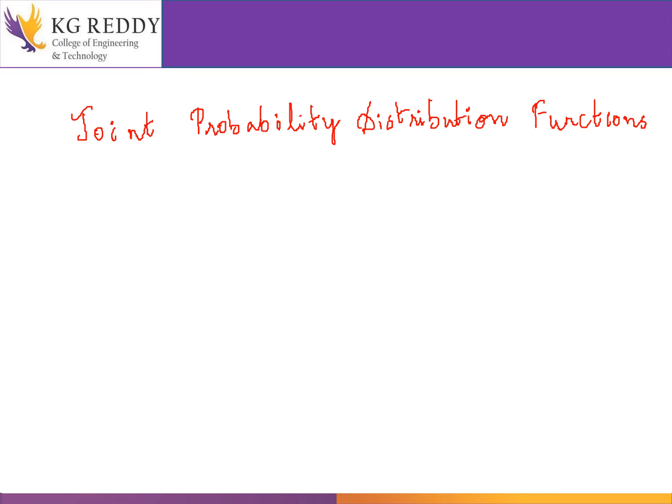For example, I take one event A, whose distribution function is given by X less than or equal to x. X is a random variable and this small x is a real number.